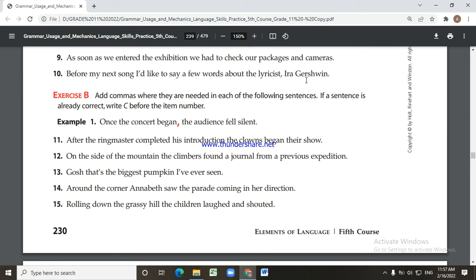let's see exercise B. Add commas where they are needed in each of the following sentences. If a sentence is correct, write C before the item number. Yes, this is the example, once the concert began, the audience fell silent.